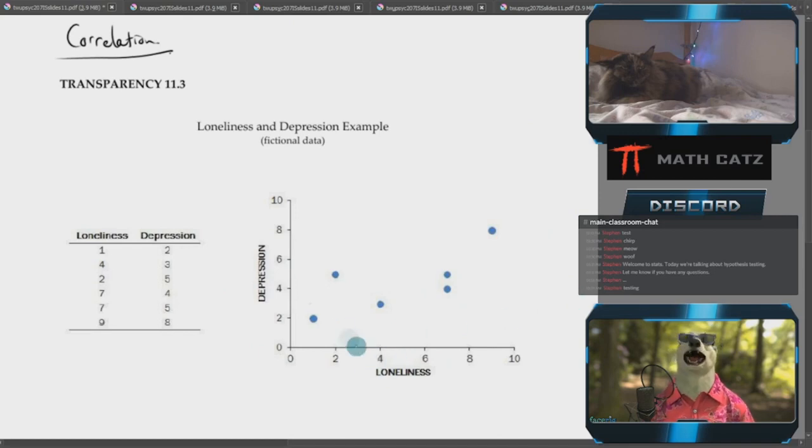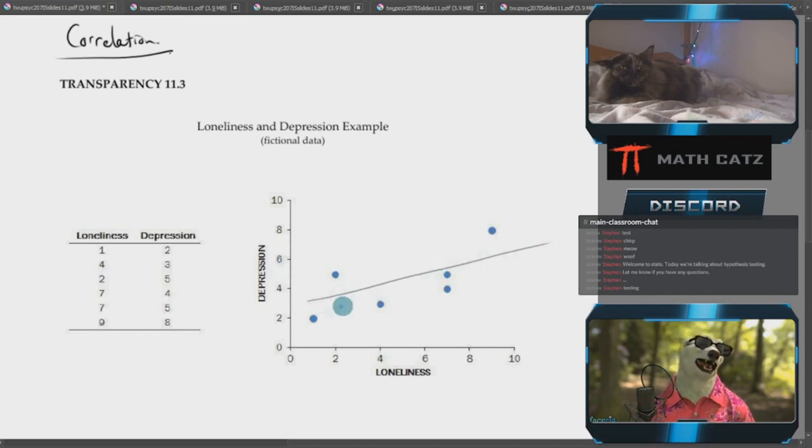So from my initial visual assessment, it looks to me personally as if the loneliness rating is higher, then it seems, I suspect, that the depression rating goes up as well, but not by as much.